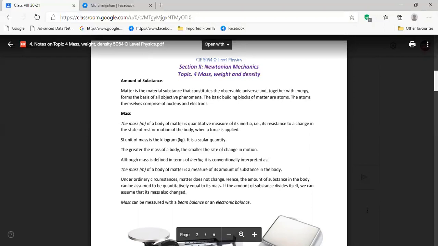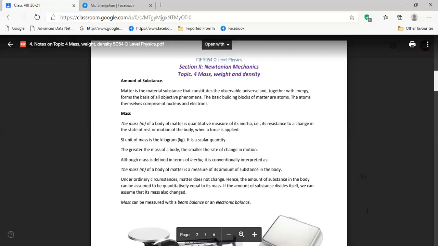Here you see the mass of a body of matter is a quantitative measure of its inertia, that is its resistance to a change in the state of rest or motion of the body when a force is applied. The SI unit of mass is kilogram. It's a scalar quantity.